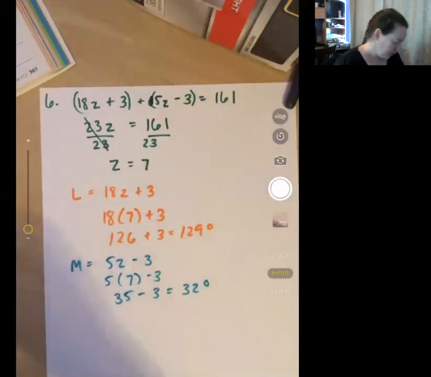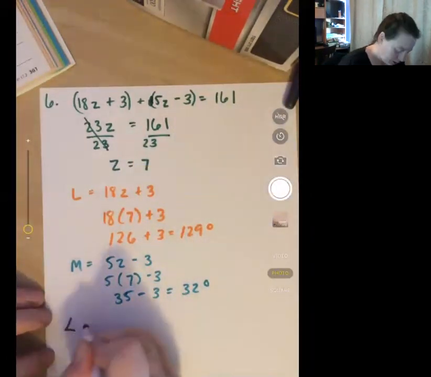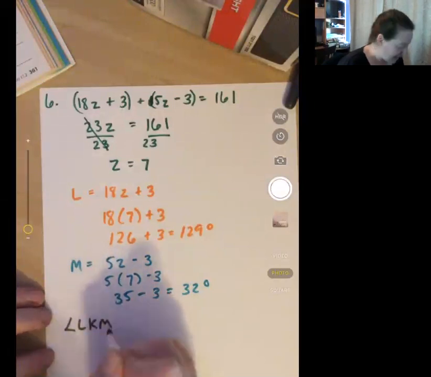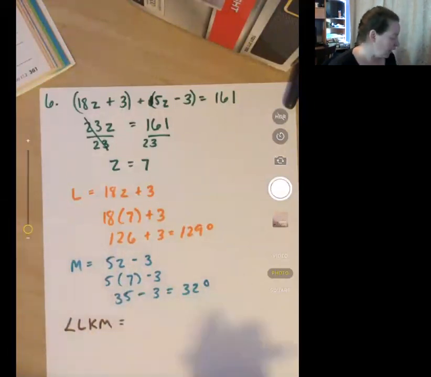Angle LKM. Once again, we are at the interior angle for the last one, where we had been using the exterior angle.